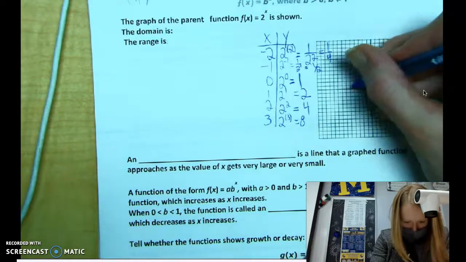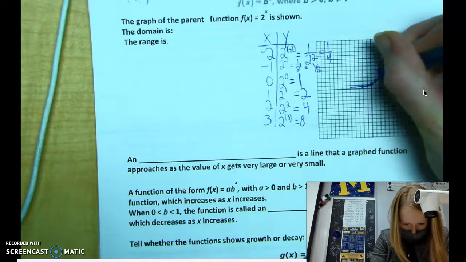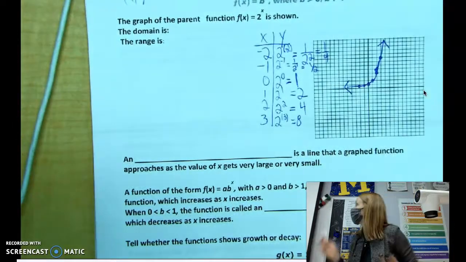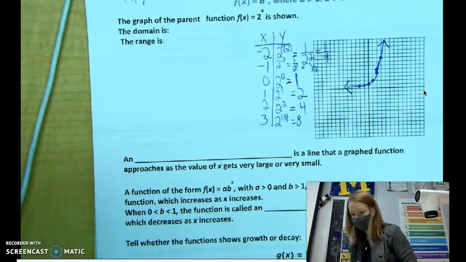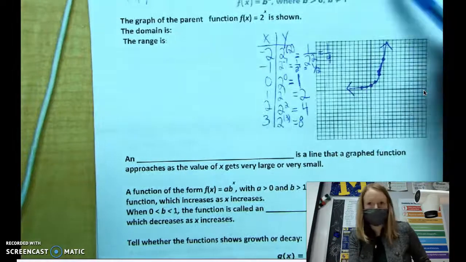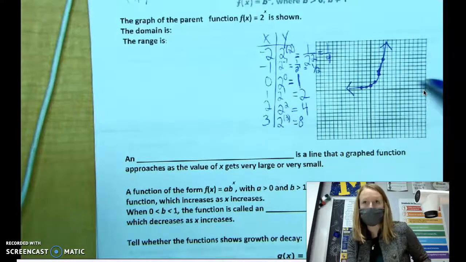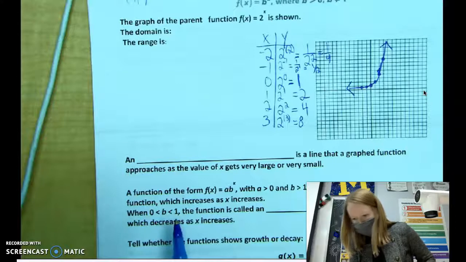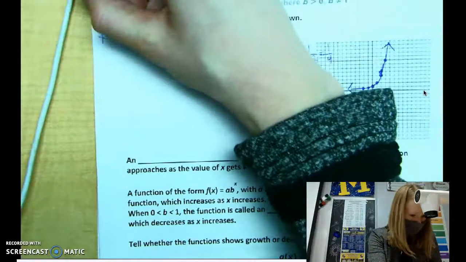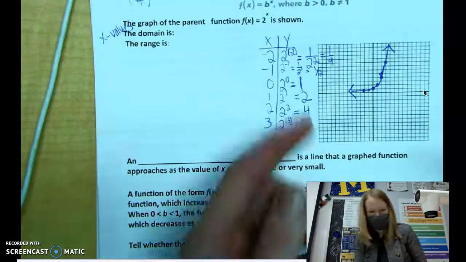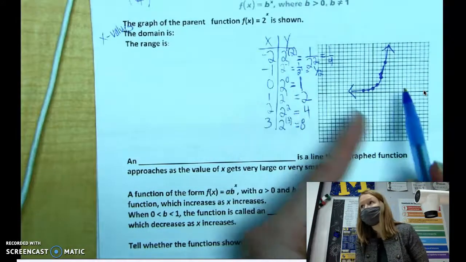So you're going to see this shape appear. Exponential functions either grow, so they get bigger, or they start big and then they decay, right? If you're looking at the domain, remember the domain is the x values. Do you see how there's arrows in both directions on the x-axis?